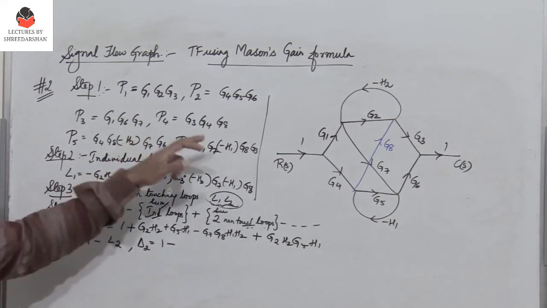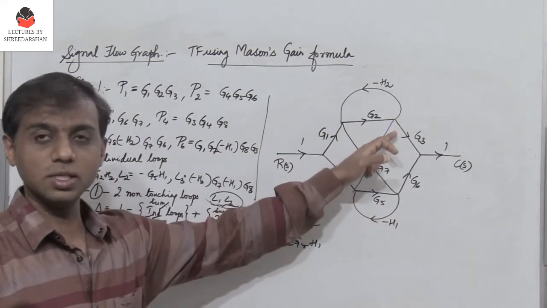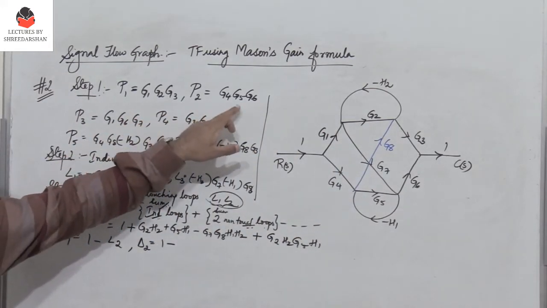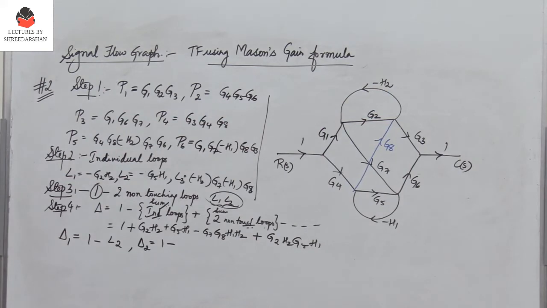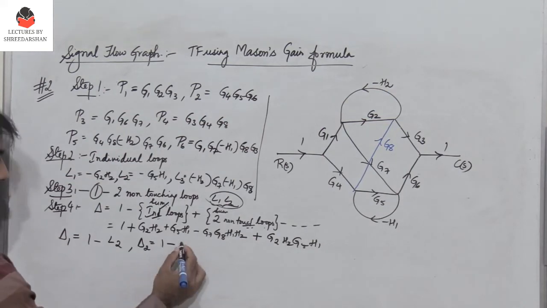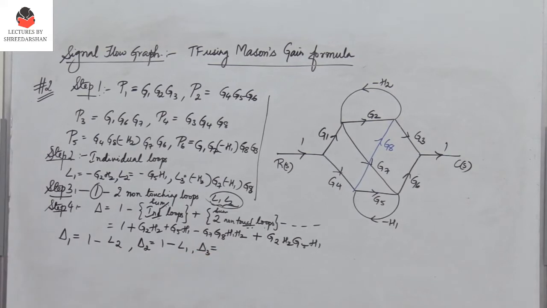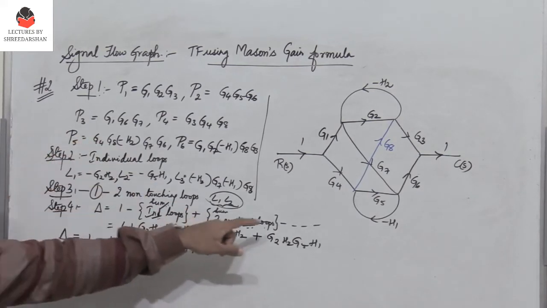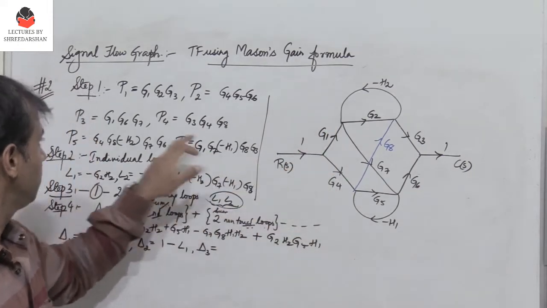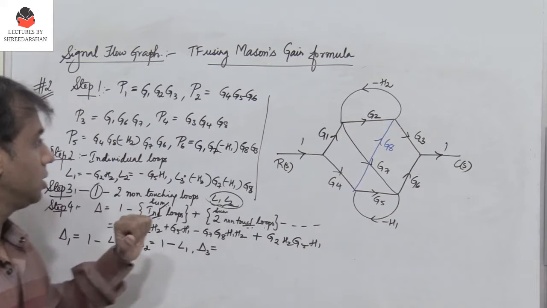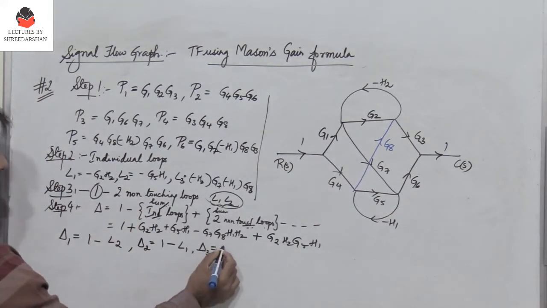If I consider G4, G5, G6, I have a loop which does not touch this path, so I have 1 minus L1. Delta 3, I consider the third one, G1, G7, G6. It is definitely touching all the three loops, so it's just equal to 1.